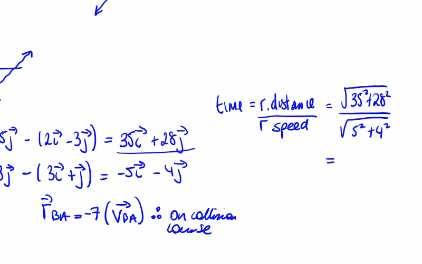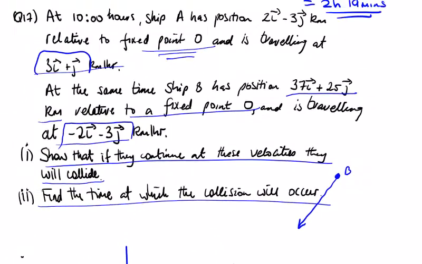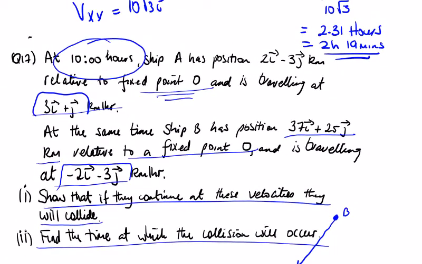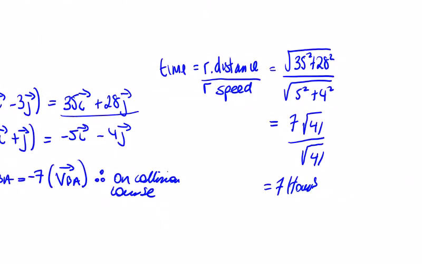Does this work out evenly for me? Actually, they're a factor of each other, so they will. 7 root 41 is the top, and root 41 is the bottom. So it's going to be 7 hours, the time of collision, after the time at which they start, which was 10 o'clock in the morning. So 10 o'clock, 2 hours to 12, another 5 left. So that's 1700 hours for them to collide.